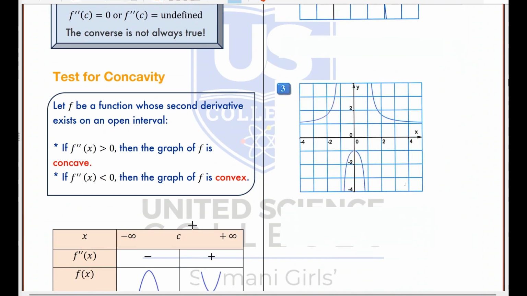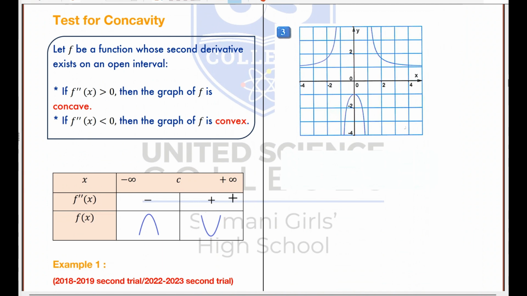Test for concavity. There's a relation between the sign of the second derivative and the concavity of the function. If the sign of the second derivative in a region is negative, then the function is convex. It's opening down. If the second derivative sign is positive, then the function is opening up, which is called concave.